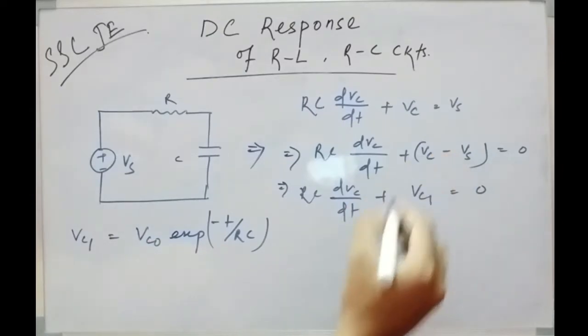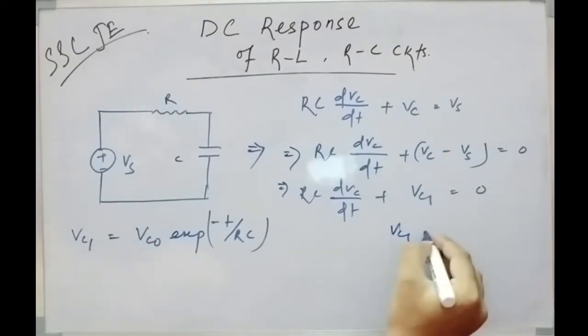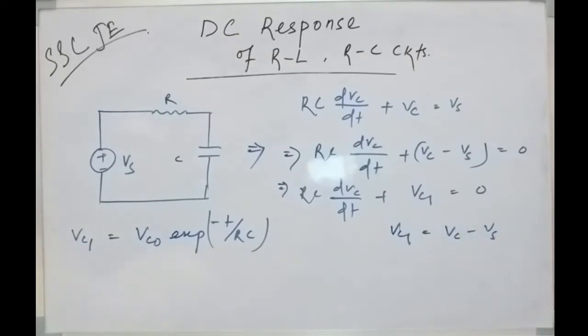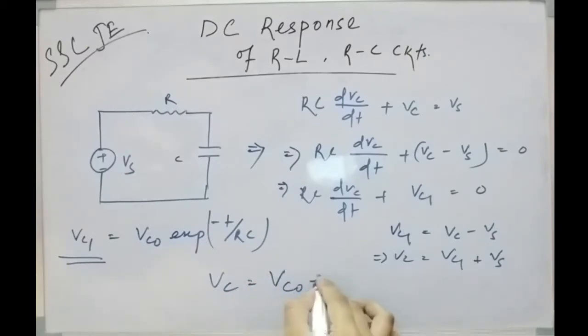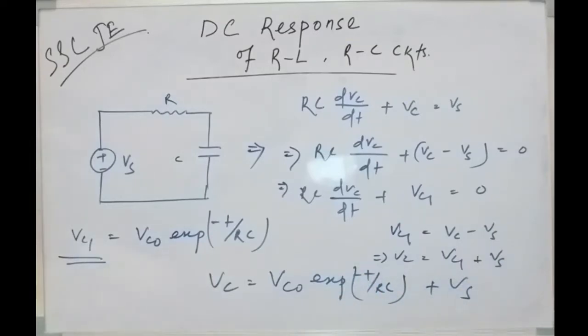We have taken Vc1 equals Vc minus Vs. So how much is Vc? Vc is Vc1 plus Vs, and we already have Vc1, so just put it here. Vc will be Vc naught exponential minus t by RC plus Vs. This is the solution you get from this equation for the RC circuit.